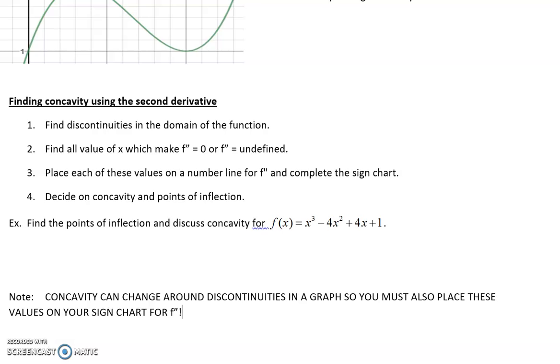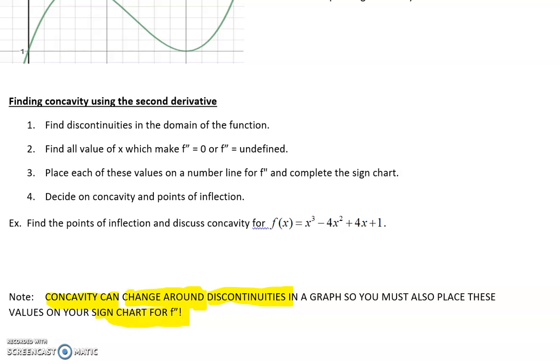Just like when we were talking about the first derivative, the reason why we need to know the domain restrictions is that even though your graph can't exist at those domain restrictions, concavity can change around those discontinuities. So for vertical asymptotes, you have to put the vertical asymptote on your number line, or sign chart, for f double prime.